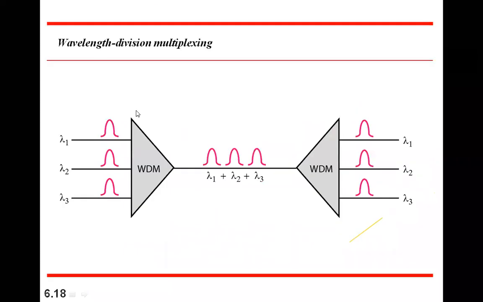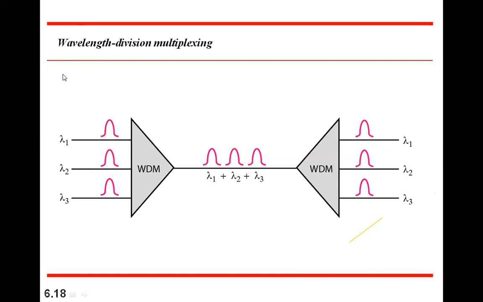And then coming to the next type of multiplexing technique, wavelength division multiplexing. Right? This is similar to frequency division multiplexing, but the main difference here is that these are optical signals.